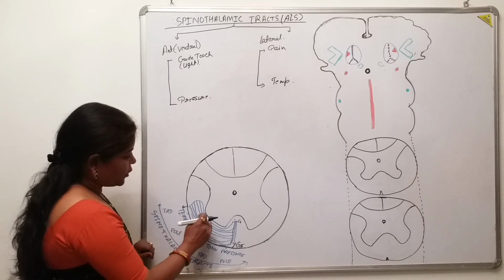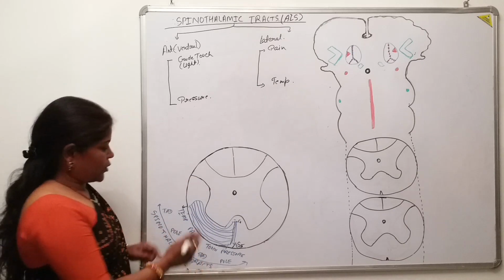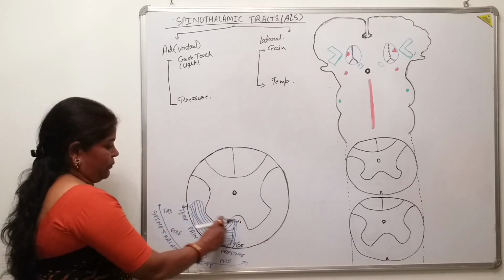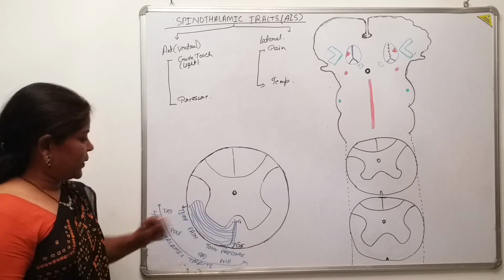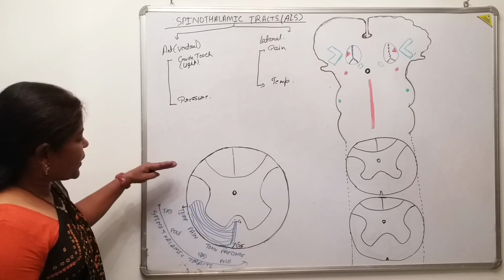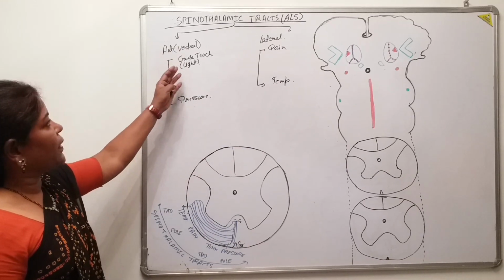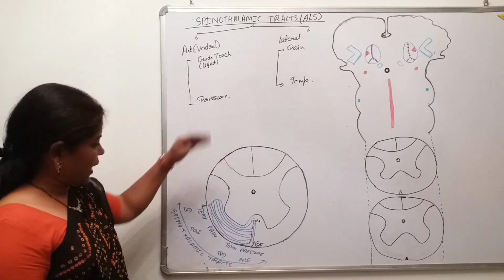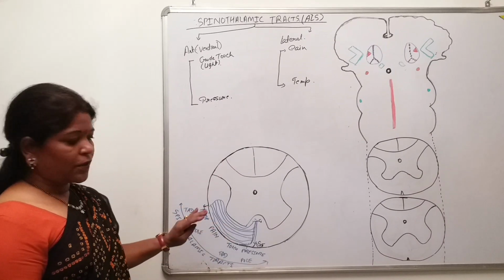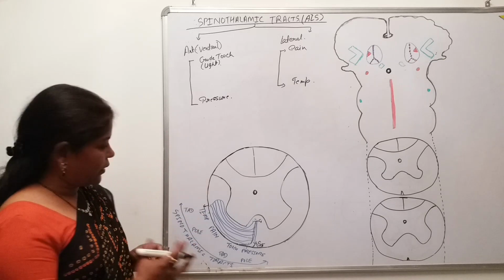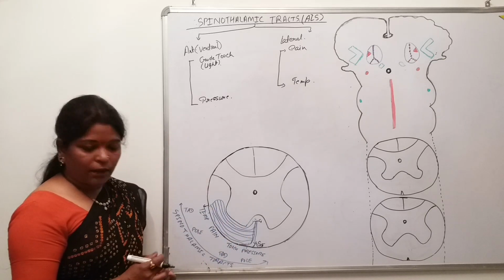From superficial to deep, the lower fibers are superficially placed and the upper fibers are medially or deeply placed. So this is the arrangement of these types of sensation via the anterior and the lateral spinothalamic tracts in the anterolateral system. A wide range of information is carried to the central nervous system via this anterolateral system.